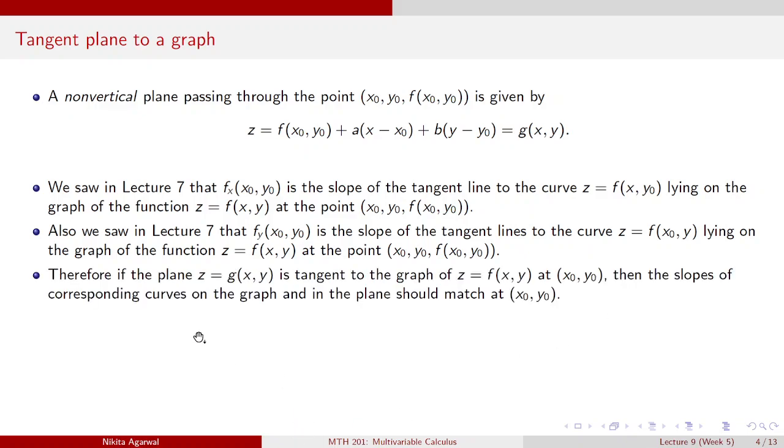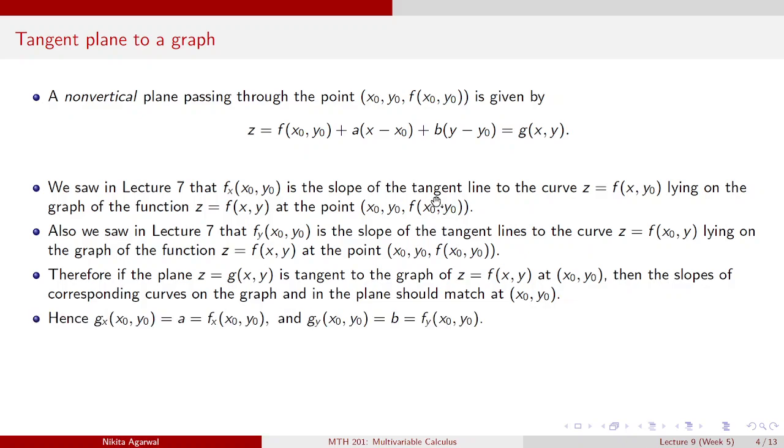Therefore, if this plane is tangent to the graph of the function at this point, then the slopes of the corresponding curves on the graph and in the plane should match, right? Because those tangent lines should also be contained in where? They should be contained in the tangent plane, right? At this point.